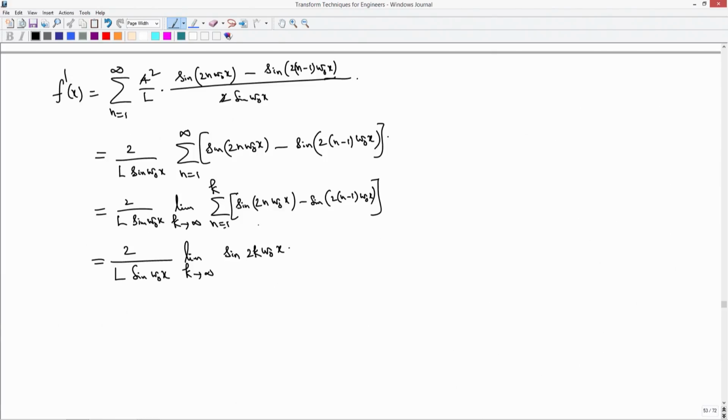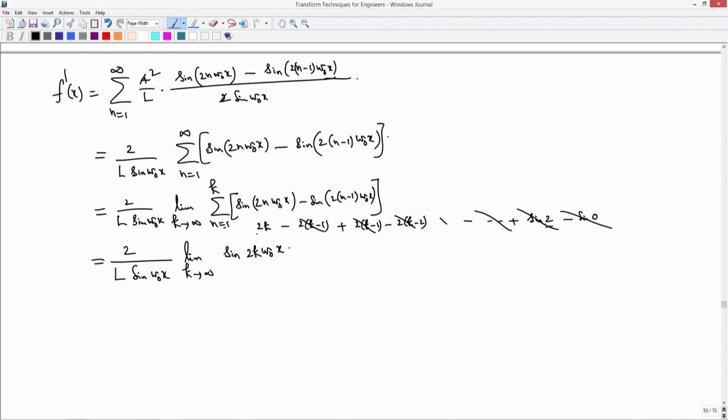When you put n equal to k minus 1, you have 2k minus 2 terms, so this gets cancelled like this, and finally at n equal to 1, it is sin 2 minus sin 0, and sin 0 is 0, and this gets cancelled anyway.